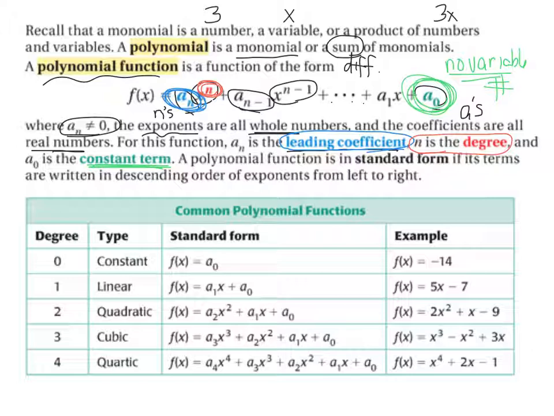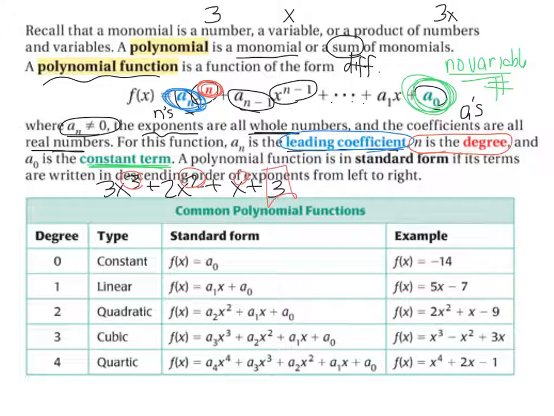That just means that if I have 3x to the third plus 2x squared plus x plus 3, that's descending order: third power, second power, first power, constant.